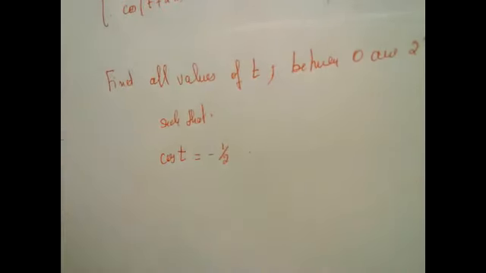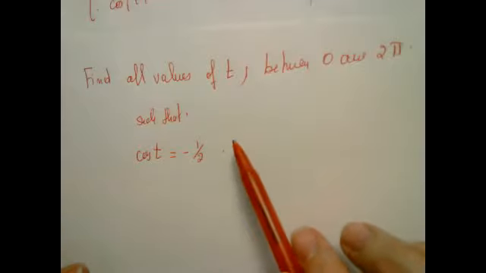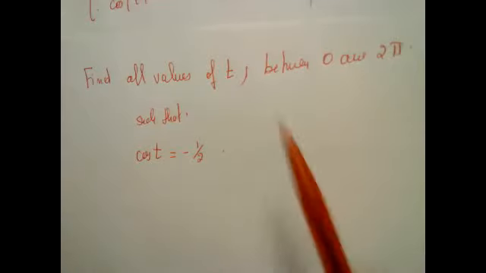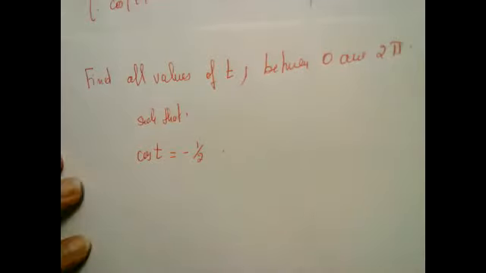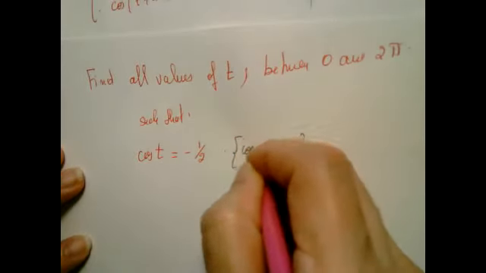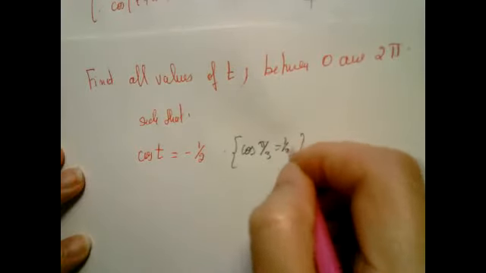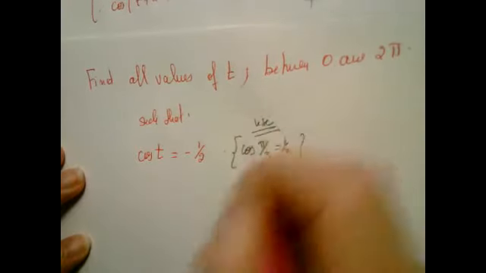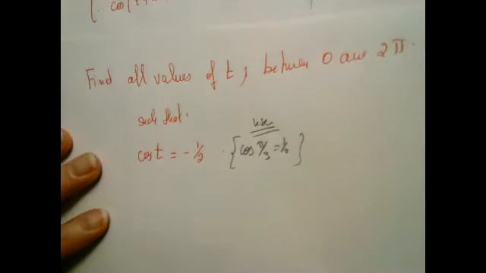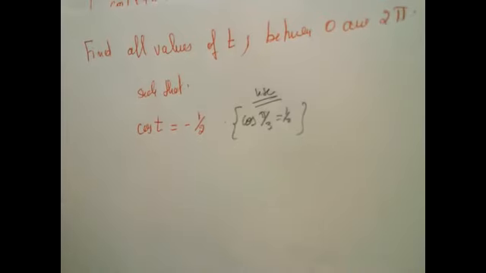And I don't want a calculator, I don't want anything. I just really want you to use two things: your understanding of the cosine and those particular values that I gave you. It means I want you to use the fact that the cosine of pi over 3 is a half. I want you to use this fact and the definition. And I want all the angles between 0 and 2 pi whose cosine is minus a half.